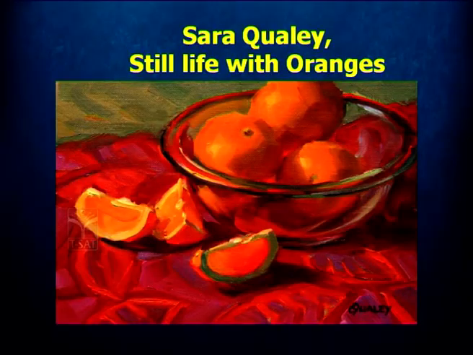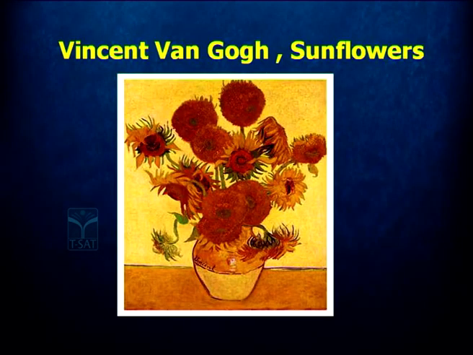So, this is a very good example for us to understand the warm color scheme, and this is also an example of still life. Just to inform you a little more, this is called still life, where you have an object in front of you and you are painting that object, and Van Gogh painted many still lifes like this and many sunflowers particularly.